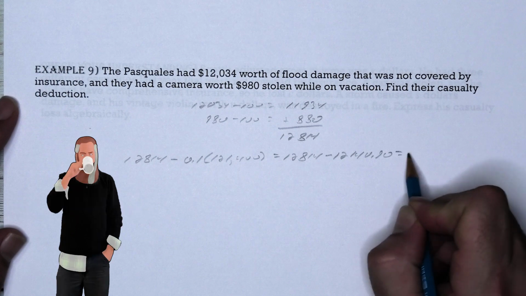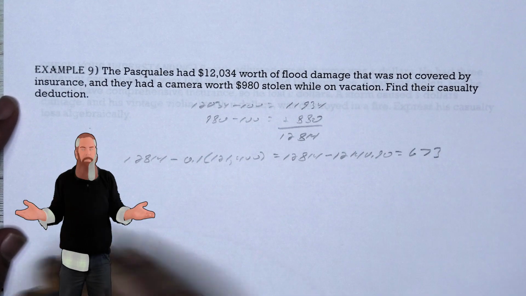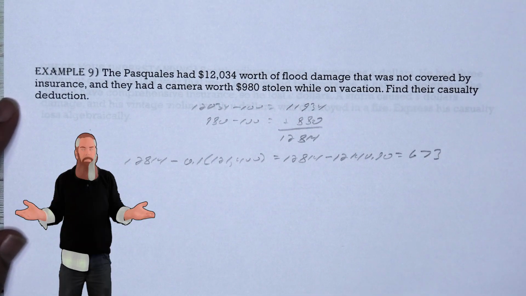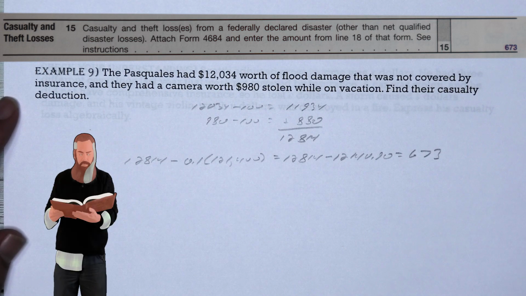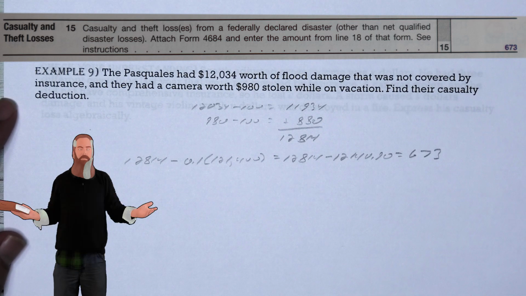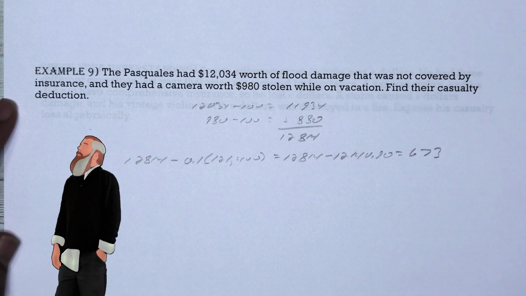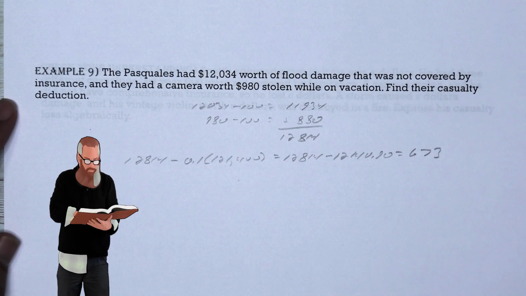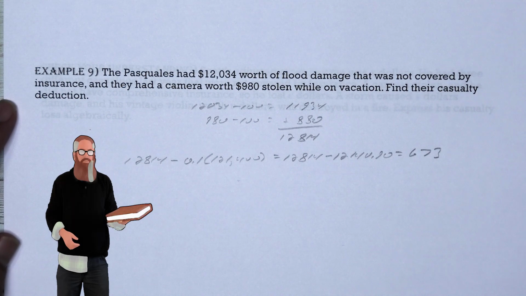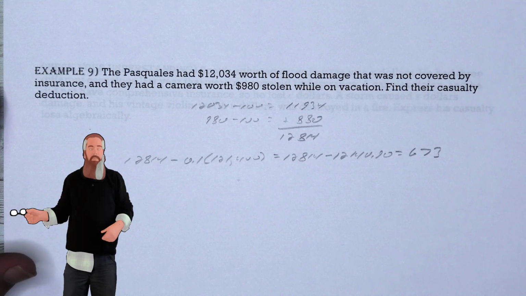And this is going to give us $673 when rounded to the nearest dollar. After rounding to the nearest dollar, the casualty deduction is $673. This is entered into line 15 of the casualty and theft losses section of Schedule A. They also must fill out an additional form to explain the financial details of each casualty or theft loss. This is explained in the Form 1040 instructions.